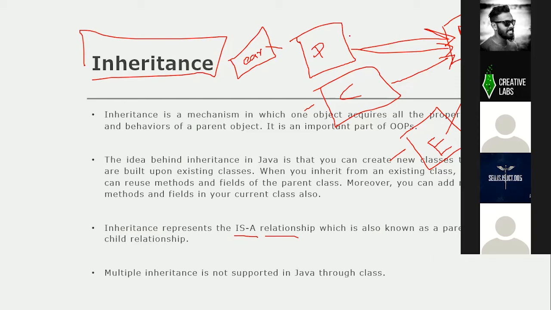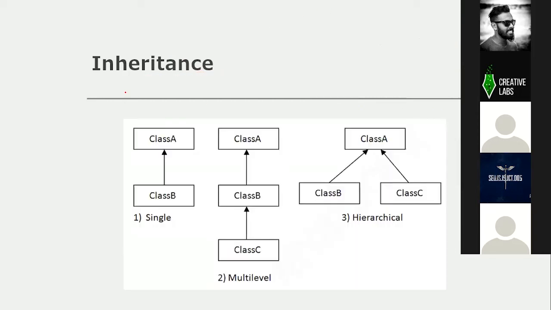That is basically inheritance, and we have 3 kinds of inheritance. Let's say class A and class B. All the features from class A will be inherited by class B.